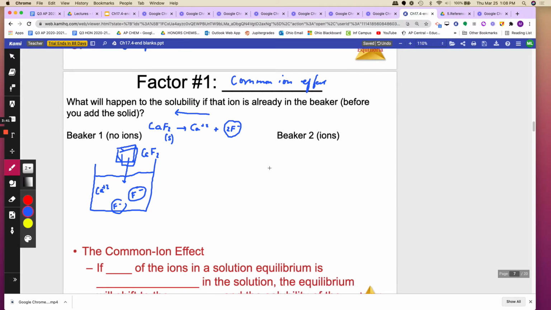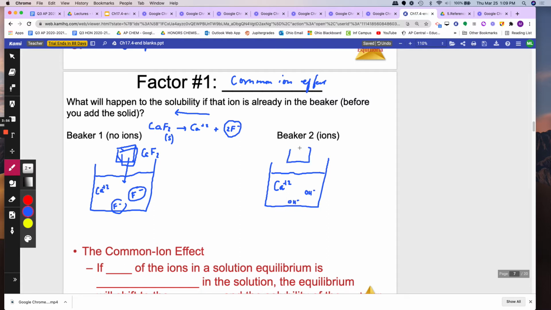You can also have other ions in there. Let's say you have calcium hydroxide, Ca+2, OH-, and you're trying to drop some calcium fluoride in there. Same thing, CaF2. Because Ca+2 is also a common ion, it'll also make it dissolve less.